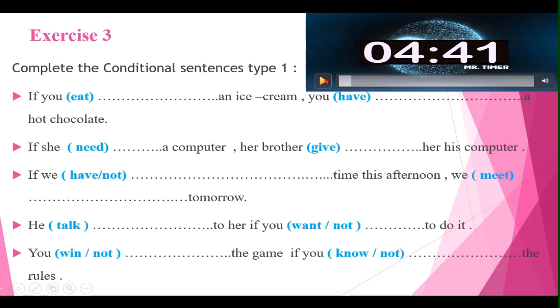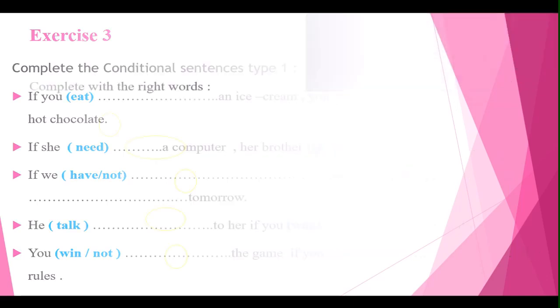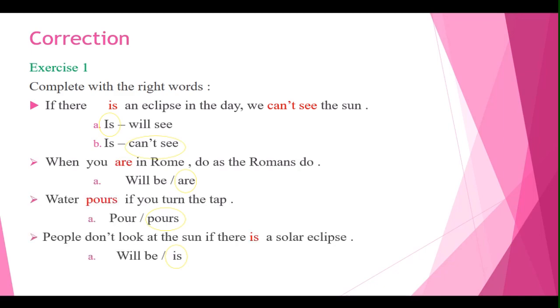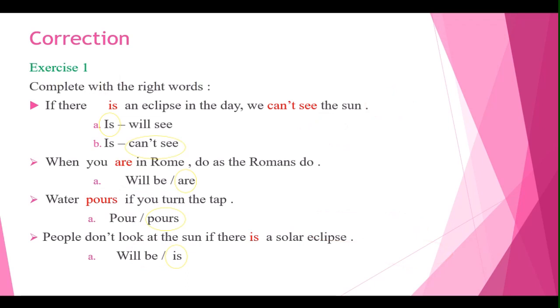So when time is up, try to compare what you have done. So I'm talking about the question number 1, 2, and 3, and try to compare them with the correction. The sentence number 1, if there is an eclipse in the day, we can't see the sun.